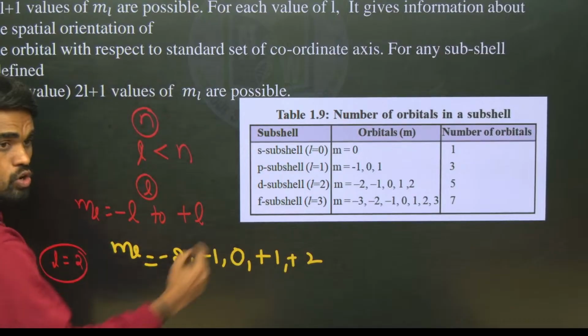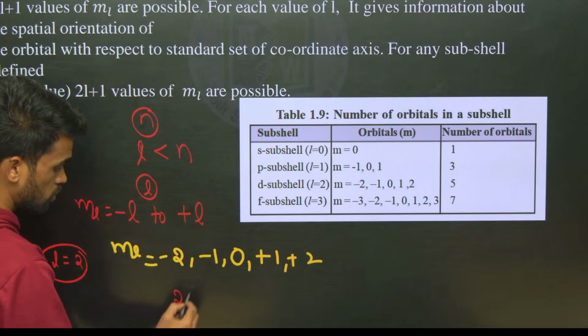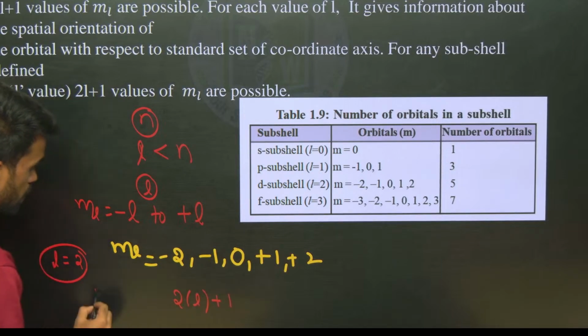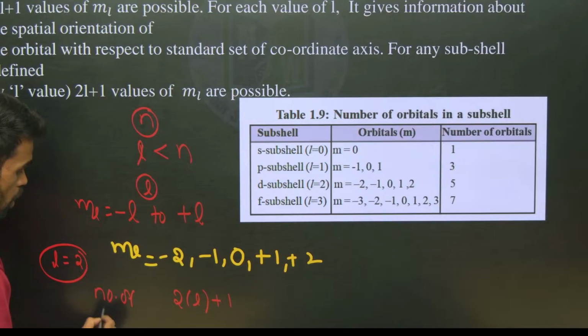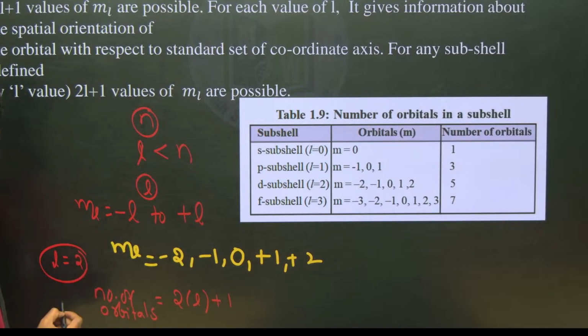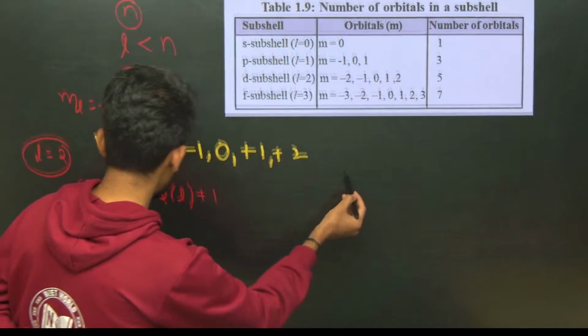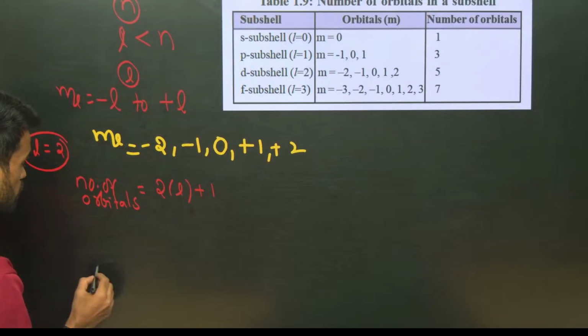So how many total values did we get? 5. So you can use 2L plus 1: the number of orbitals possible for a particular L value is 2L plus 1. For example, what is the L value for P?